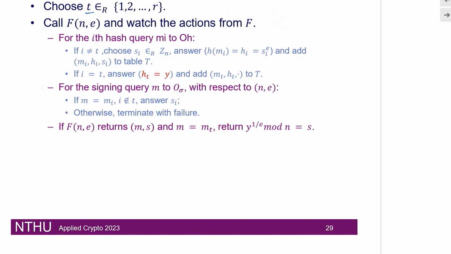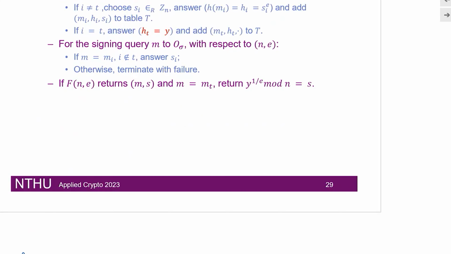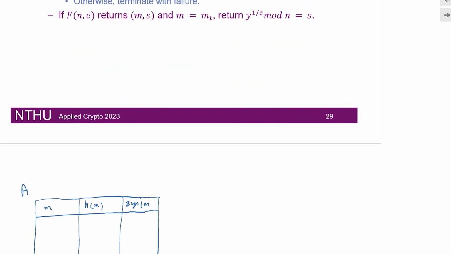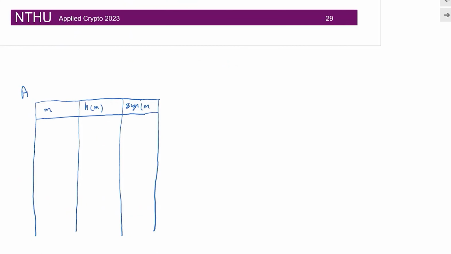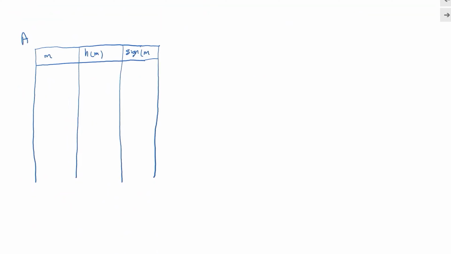We try to not answer anything on location T, but for the rest of them, we would do this computation. Let's say this is M1 and we are not in MT, so let's go for an easy case. Let me make clear the T here. This is the index T.